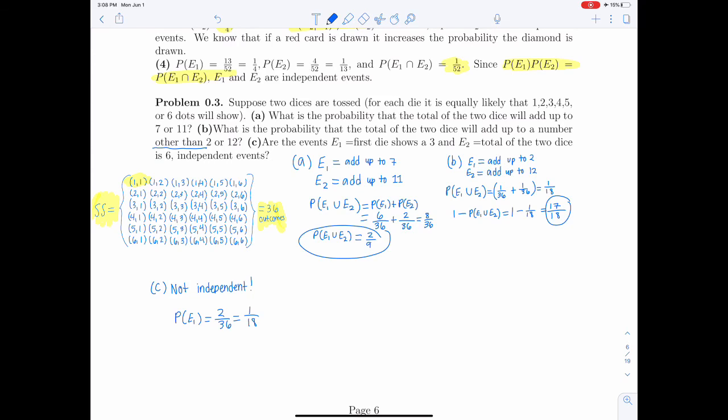Well, there are how many ways to get 6? You could have 3 and 3, 4 and 2. So there's about 4 different ways. But it's directly dependent on P of E sub 1. So we would have to use the conditional probability rule, which means they are not independent.